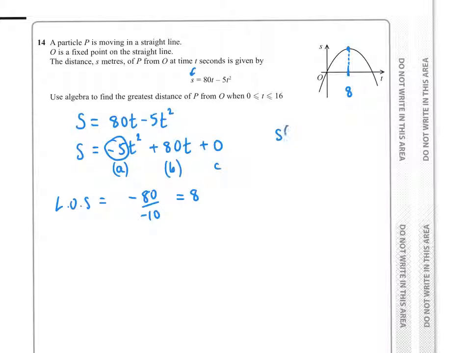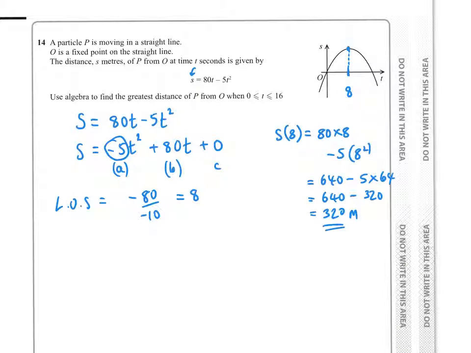So you could say s of 8 would be 80 times 8 minus 5 times 8 squared, which is 640 minus 5 times 64, which is 640 minus 320, which is 320 meters. Are you using enough algebra there? I don't know, because it does say use algebra. I guess I've used some, so I could argue that could be correct.